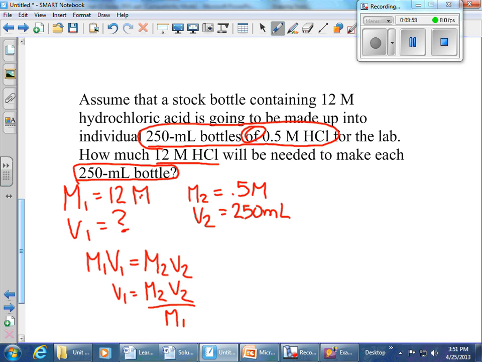So we plug in our numbers. Notice I'm using all of my units so that I do not get things confused. Molarity cancels out. I'm going to multiply everything.